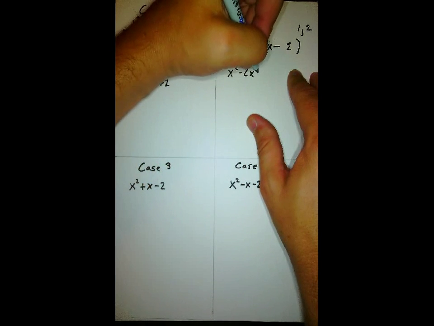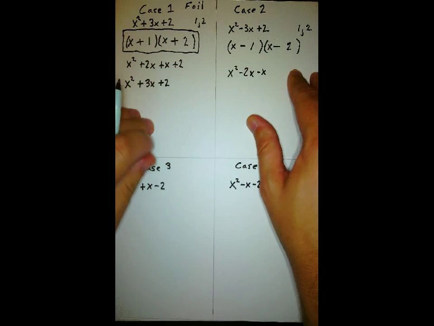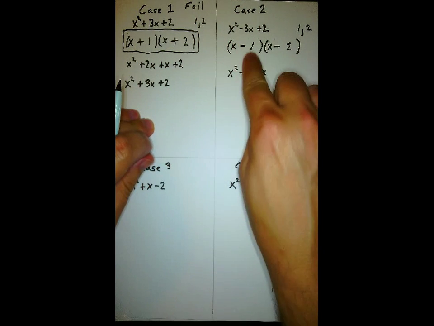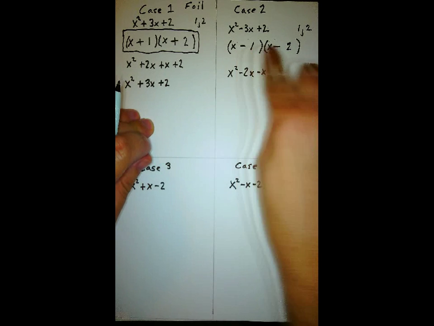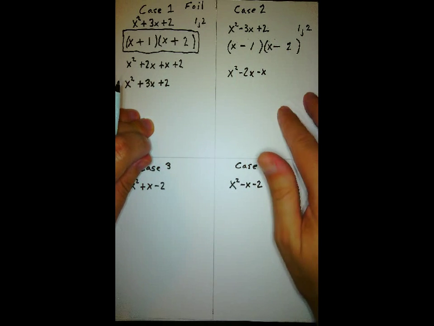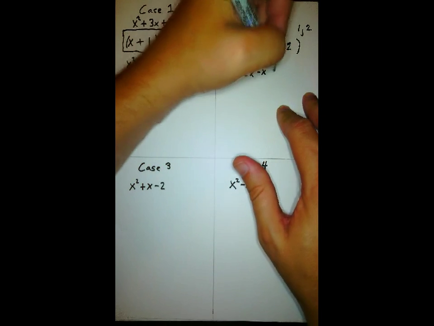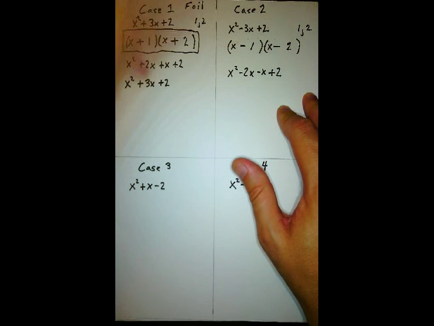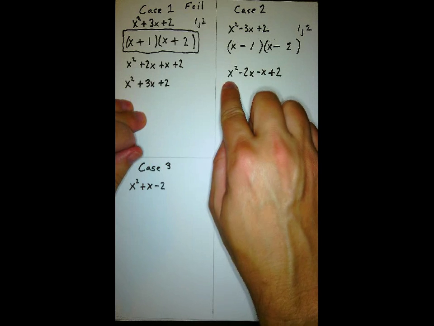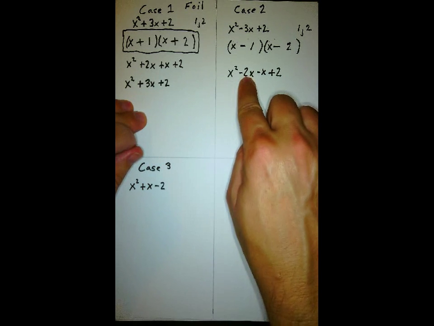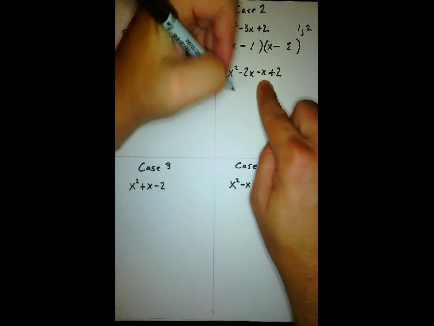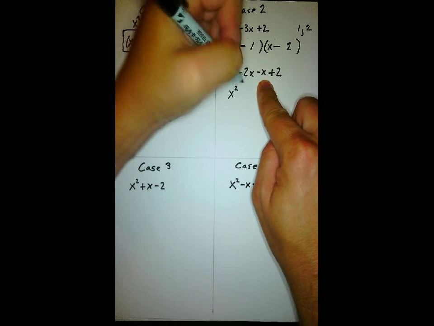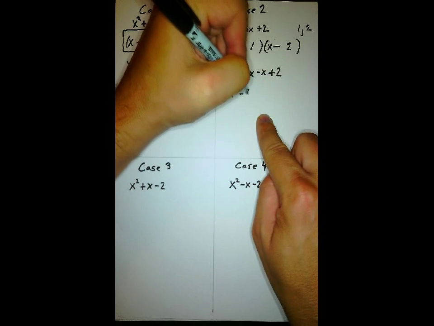That's negative x. And then L is for last. So that's these. So that's negative 1 times negative 2. And what's a negative times a negative? We all know that's a positive. So it's going to be positive 2. Alright. Now, negative 2x minus x gives us the negative 3x.